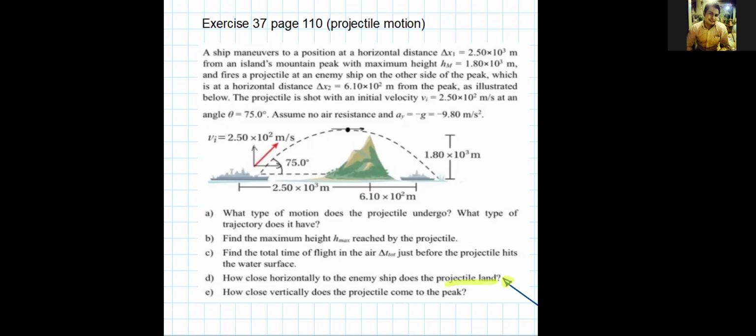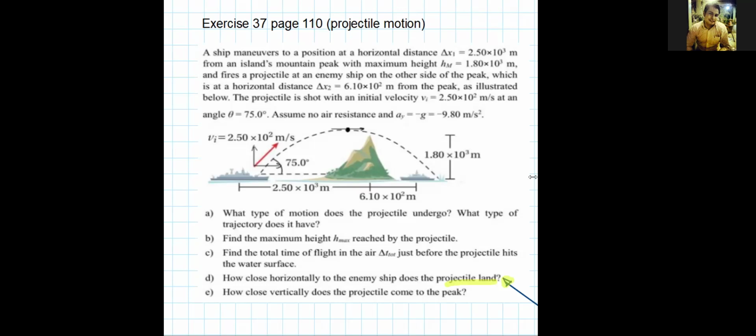Okay, I solved the exercise, and as you can see we have a step-by-step procedure until we have a horizontal displacement. First of all, we use the formula of horizontal displacement, but we don't have a time.